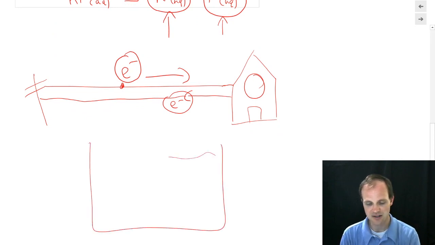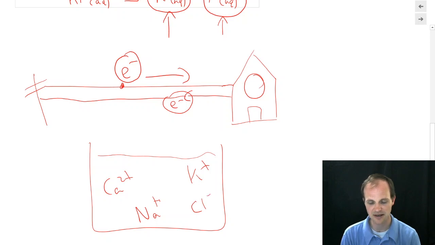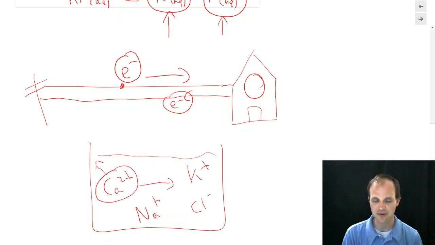There's water, and there's a bunch of dissolved ions in it. There's calcium ions, there's potassium ions, there's sodium ions, there's chloride or chlorate ions, depending on what's going on. So there's lots of ions in there, and these are the things that can actually conduct charge or electricity by moving around. So you drop your hairdryer in there. It's not the water that's actually conducting electricity. It's the ions that are in the water that are conducting electricity.